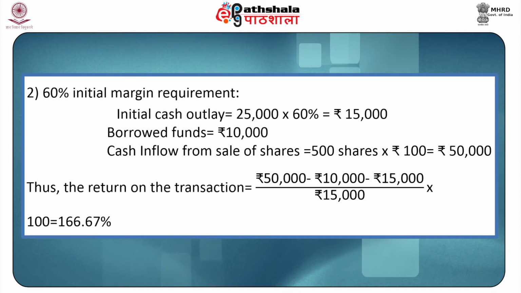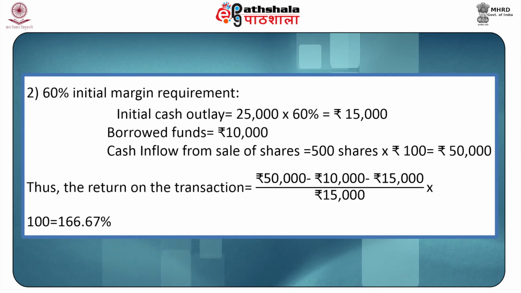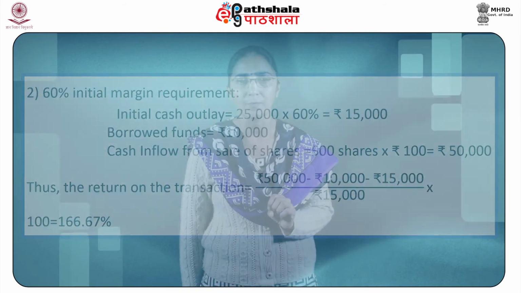Thus, the return on transactions would be equal to (rupees 50,000 minus rupees 10,000 minus rupees 15,000) divided by 15,000, multiplied by 100, which would be equal to 166.67%. As shown in this illustration, the investor was able to magnify his returns by buying stock on margin.